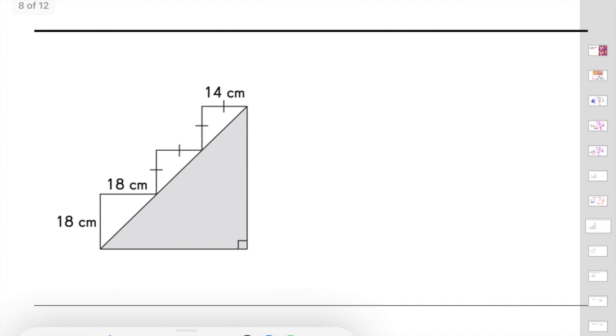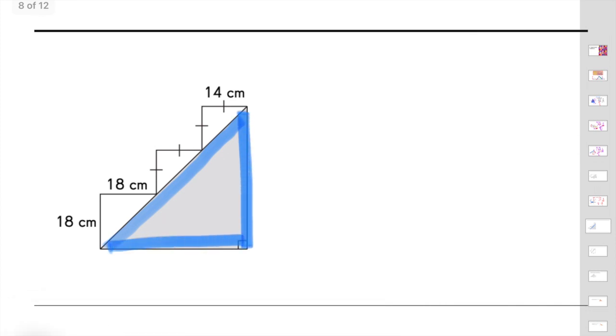All right, let's look at another triangle where we're not exactly given the measurement of the base and height, but we are given other measurements that will lead us to the base and height measurement. So we're looking at this blue triangle, and right away I can identify the base and the height because they form that right angle, right?